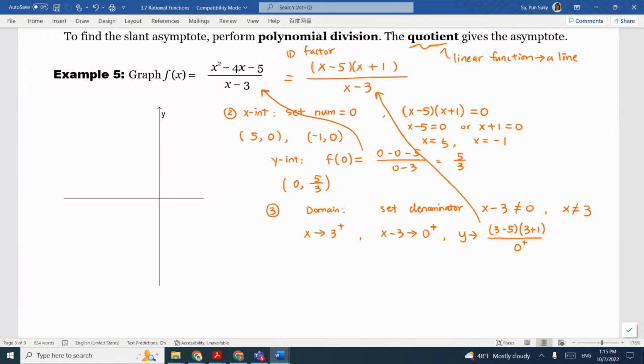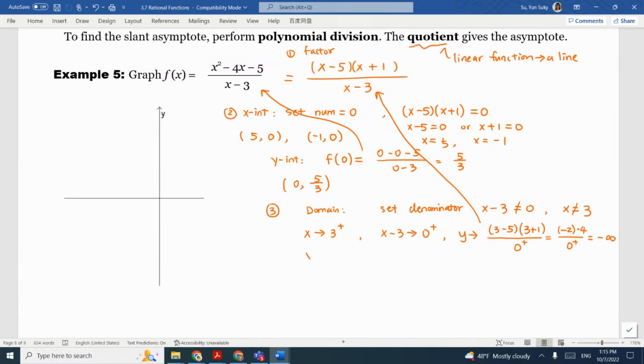Big difference. So a minus sign can make a big difference. Be careful. So 3 minus 5 is negative 2, 3 plus 1 is 4, over 0 plus. What's the answer? Plus or minus? Oh, negative infinity.